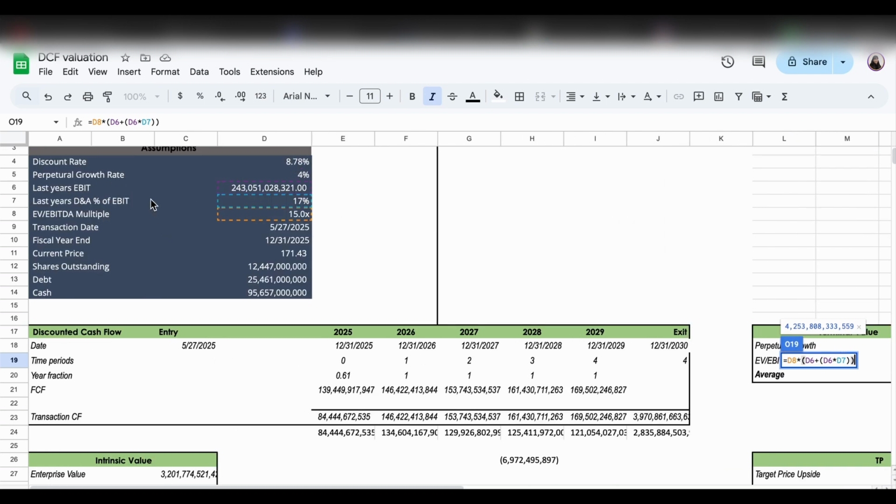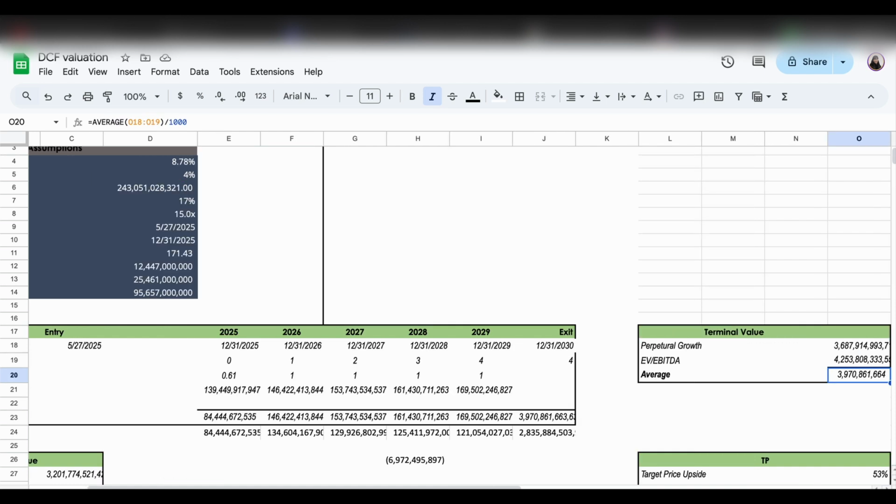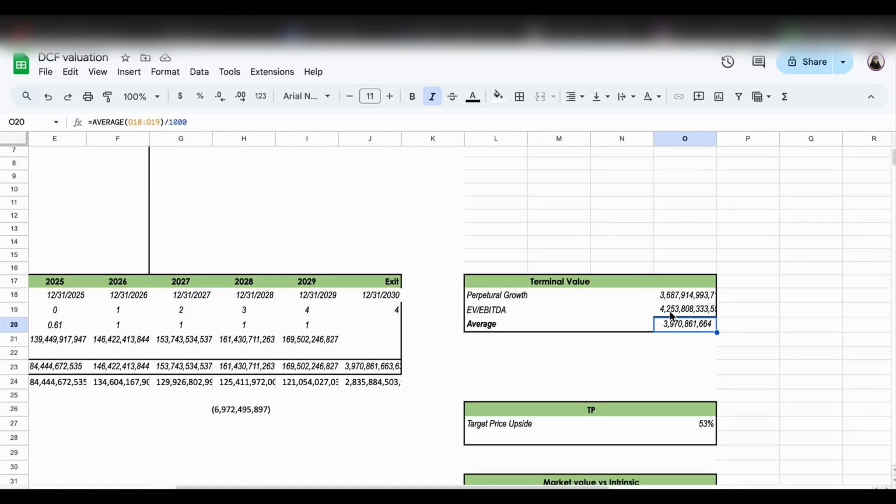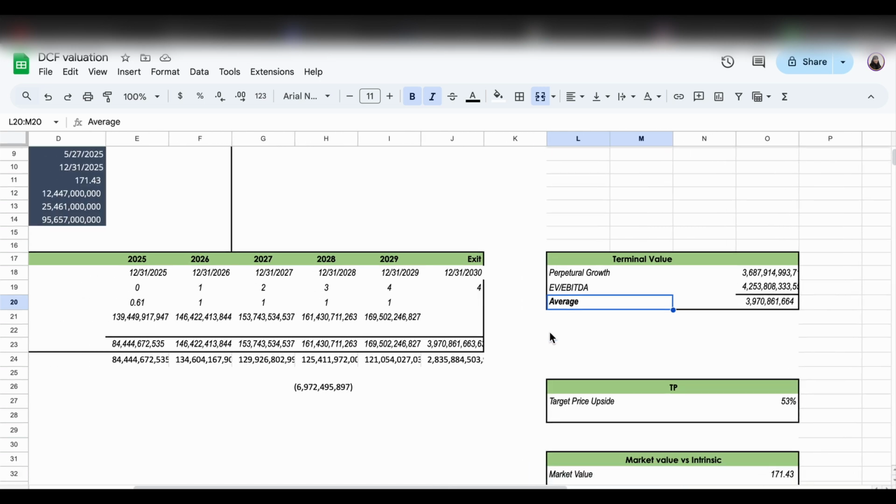So D8 is the enterprise value EBITDA multiplier multiplied by the D6, it's a last year EBIT, plus open the parenthesis, last year EBIT multiplied by the last year depreciation and amortization percentage of EBIT. So you can memorize this formula so that you create this formula yourself later. And then we get the average. So the formula is straightforward. You simply take this average, and this is the terminal value.